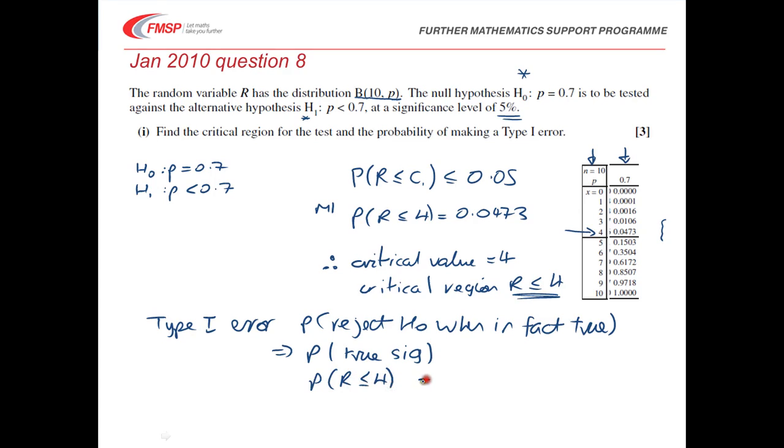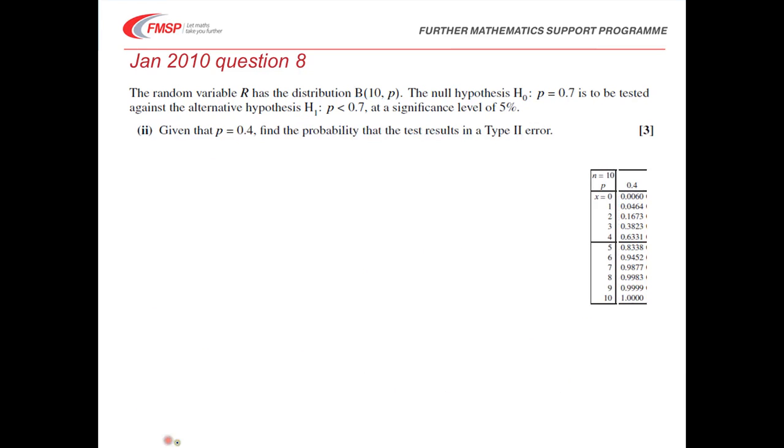So the probability for a type 1 error in this particular case is actually really quite pleasant, because it's just going to be 0.0473. So there are 3 marks awarded to this. You get 1 mark for looking it up correctly in the table, you get an accuracy mark for stating your critical region correctly, and then you get your final accuracy mark for stating the significance level effectively.